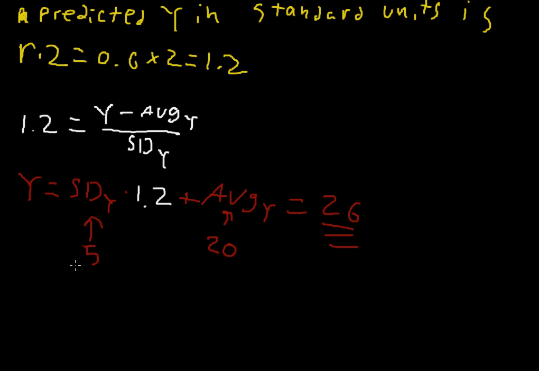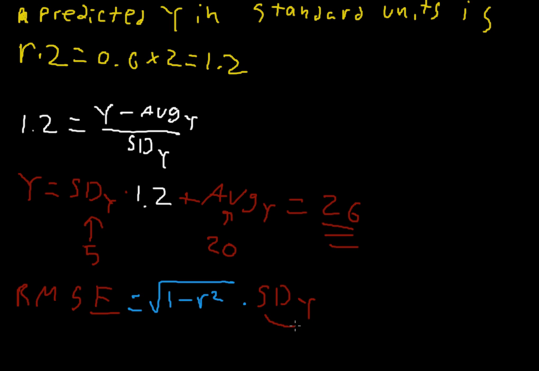Part 2 is, well, I did ask you, what percentage do we expect to slur more than 30 words? That's where the RMSE comes in. So the RMSE is equal to the square root of 1 minus r squared times the standard deviation of y. Well, we know the standard deviation of y is 5.